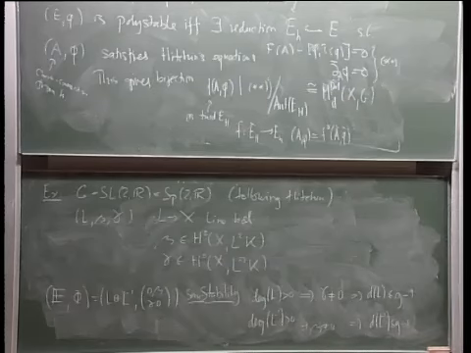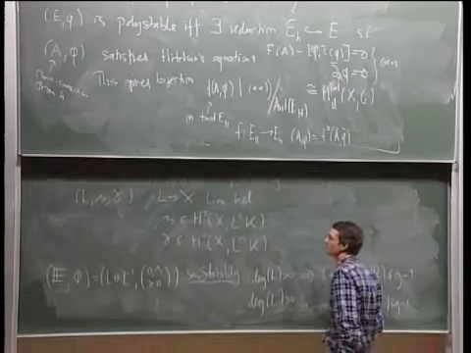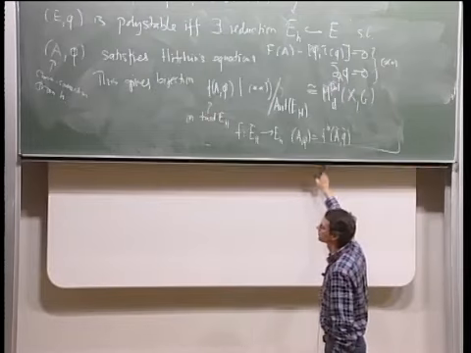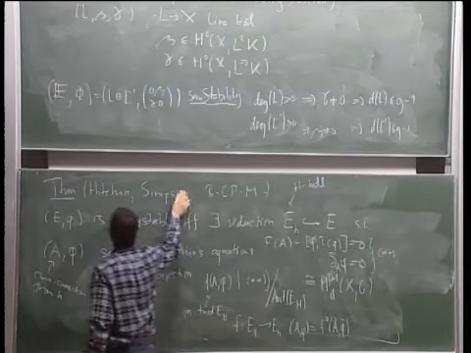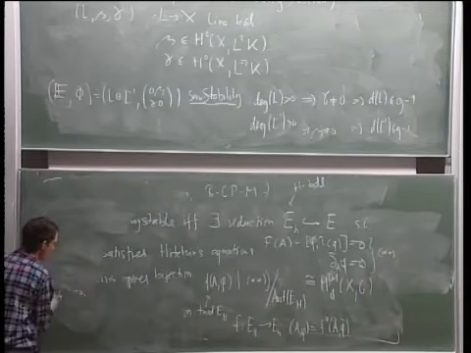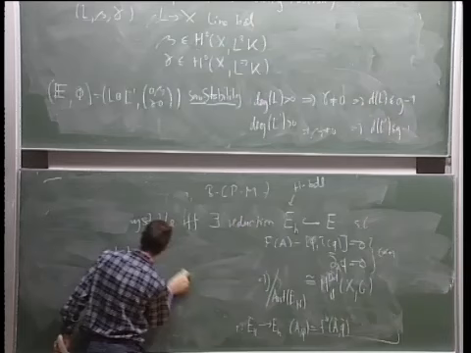That's just minus the degree of L. So if we put these two things together, we get that the degree of L in absolute value has to be less than or equal to g minus 1.